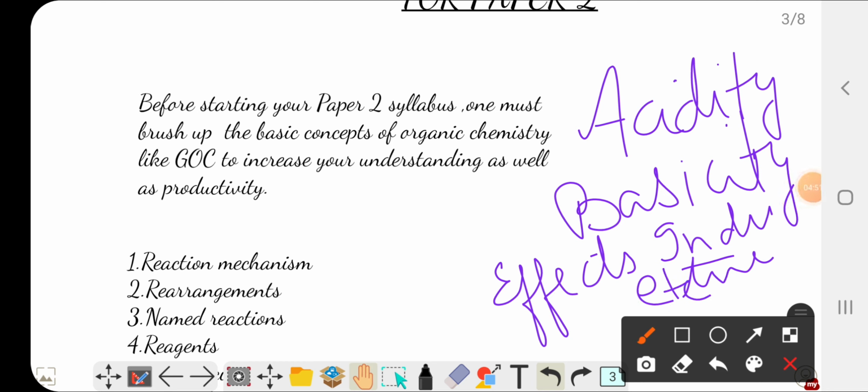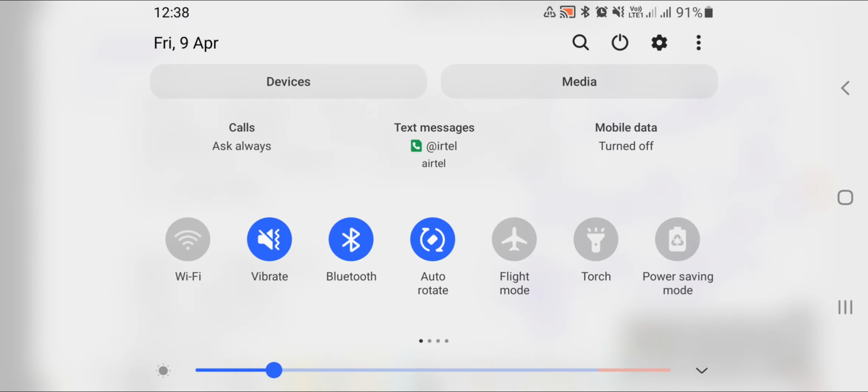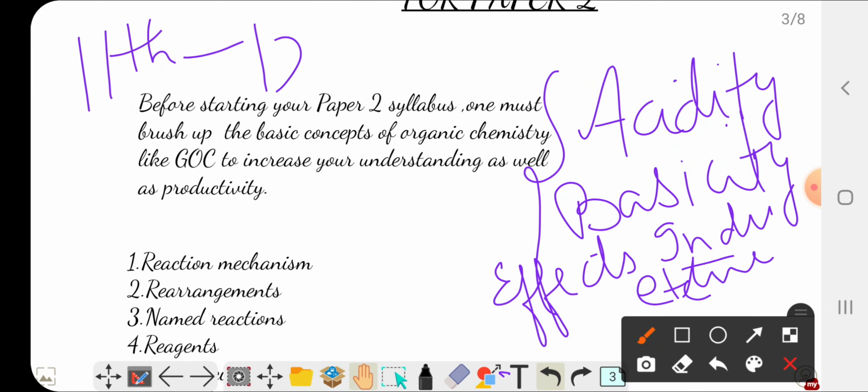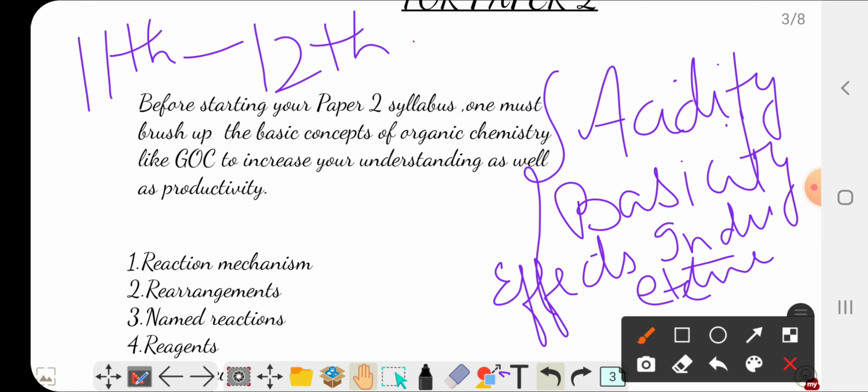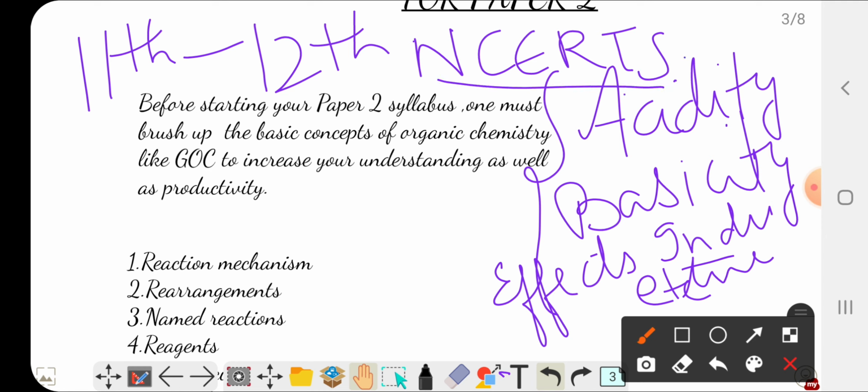Okay, to revise, you can consult your 11th and 12th NCERTs, or someone who has prepared for competitive exams in class 11th or 12th must have read those chapters in the previous classes. You can refer to them.